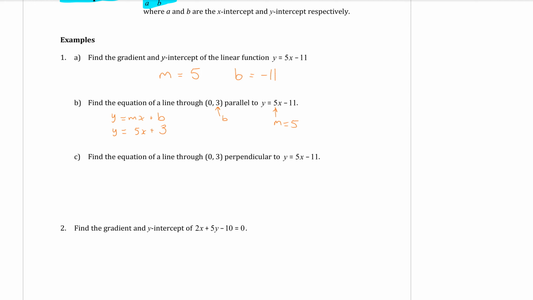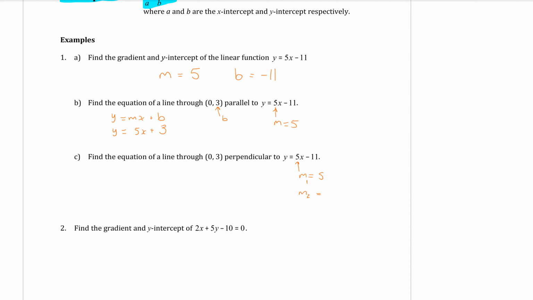Part C, find the equation of a line through the point (0, 3) that is perpendicular to y equals 5x minus 11. So again, my gradient from that equation is 5, but I'm going to call that m1 because this time I want to find the gradient that is perpendicular to that, which means I want to find the second gradient.